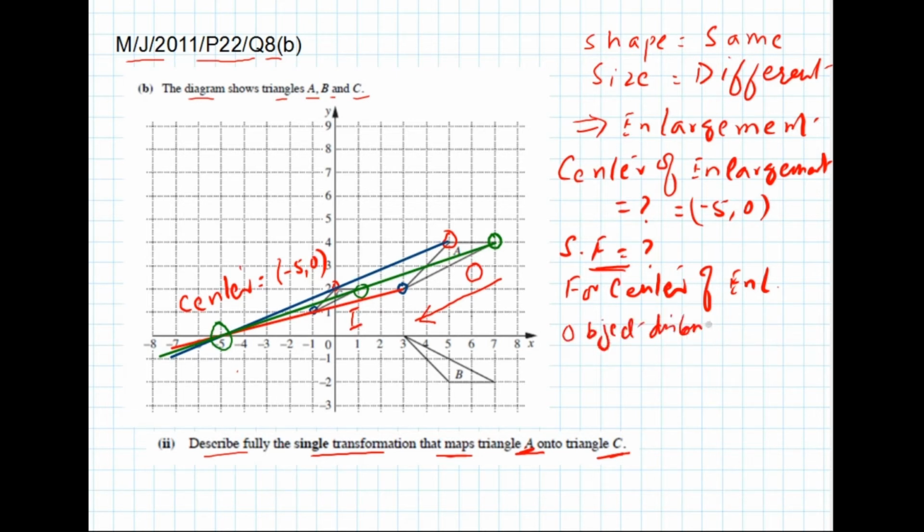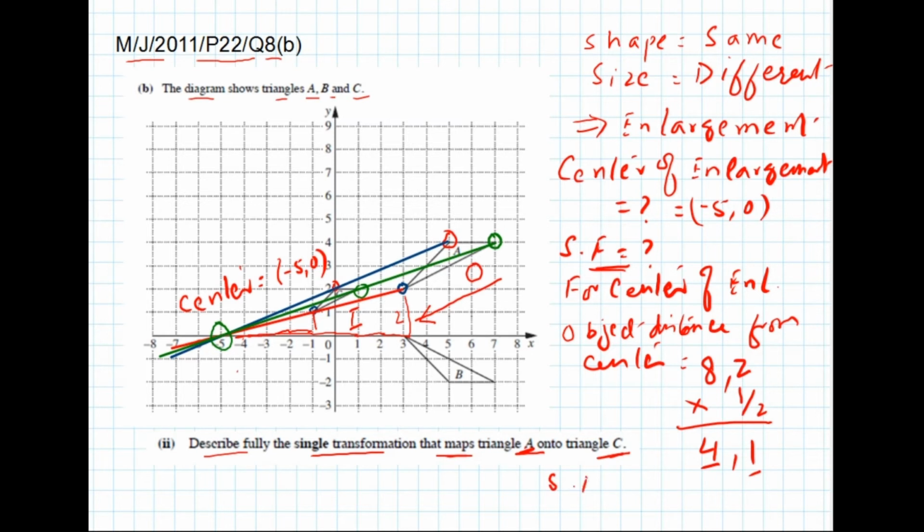Object distance from center of enlargement is 8, 2 and the image distance from center of enlargement is 4, 1. When we multiply the object distance from center of enlargement by 1 upon 2, then we get the image distance 4, 1 as shown. So scale factor will be 1 upon 2.